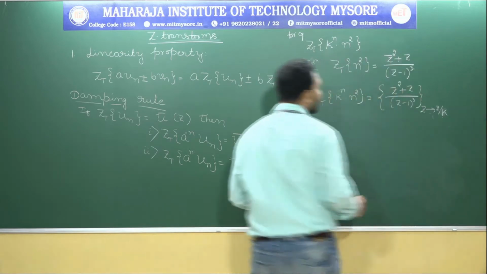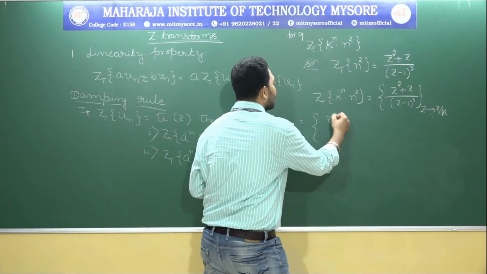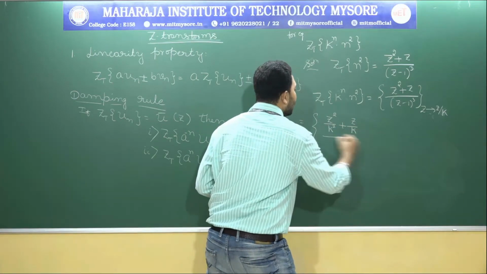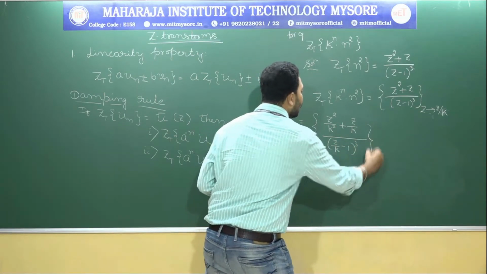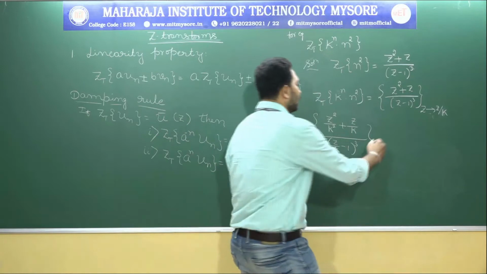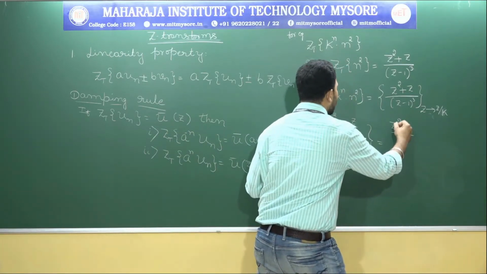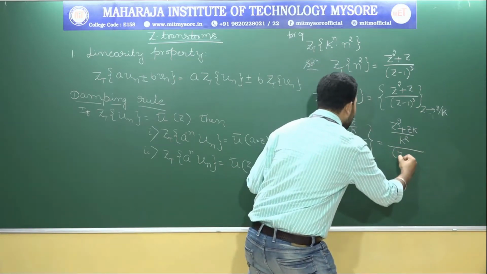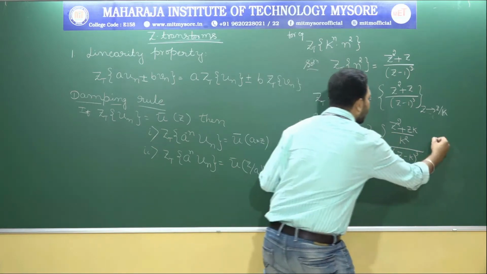So what happens if we replace z by z by k? This becomes z square by k square plus z by k overall divided by z by k minus 1 whole cube. If we take LCM, we'll get k square, so this becomes z square plus z into k overall divided by z minus k whole cube divided by k cube.